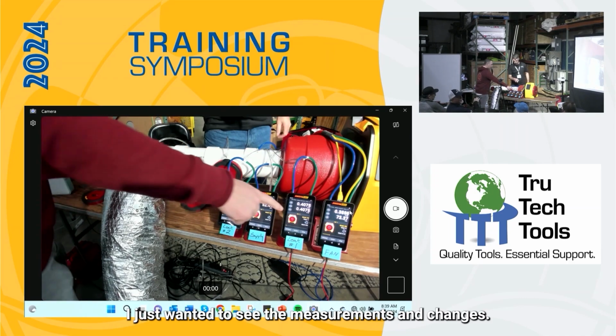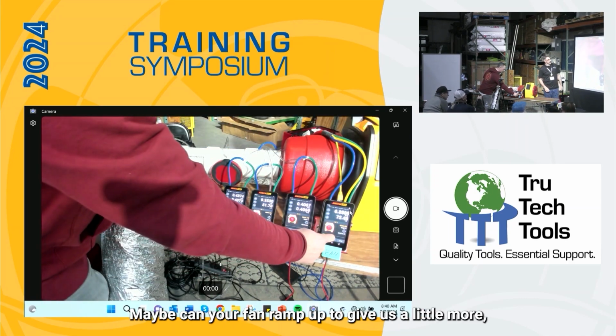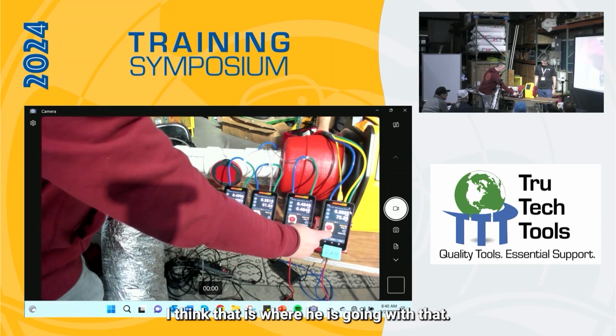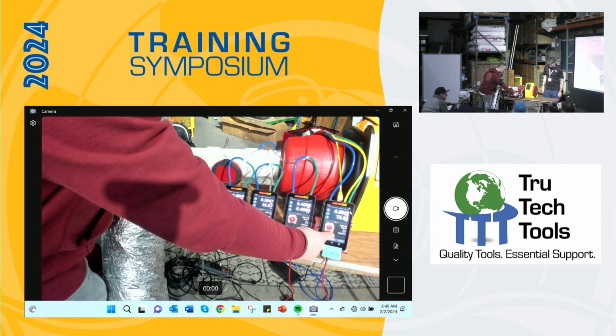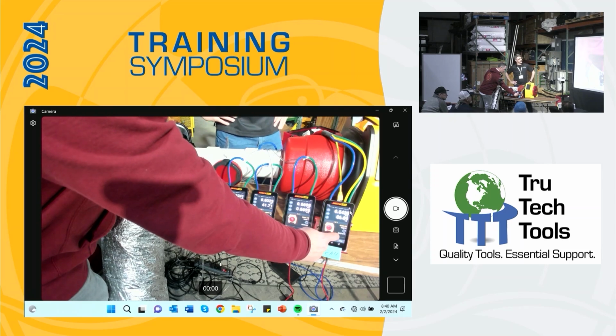Yeah, it's been with the slider here. Okay. But maybe, can your fan ramp up to give us a little more? Yeah. I think that's reasonable. Do we need to go with a bigger one? We got a big enough port in there on the inlet side. I think so.